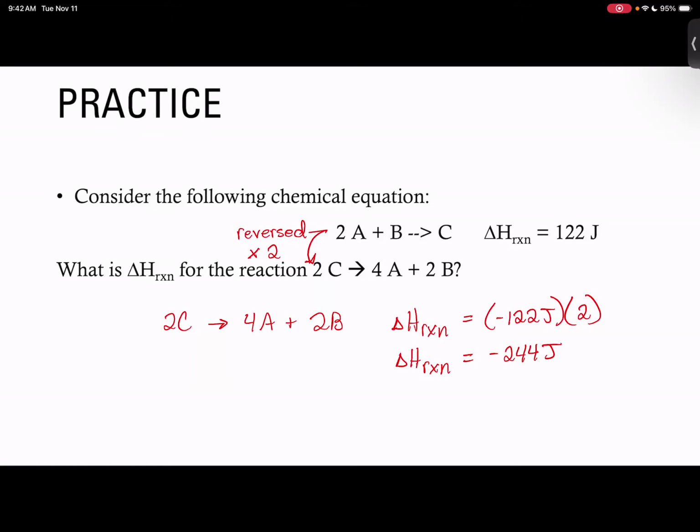These relationships: if you multiply the coefficients by some factor, you multiply the enthalpy by that same factor. And the second relationship, if you reverse the reaction, you change the sign. All of that is going into our third relationship, which is known as Hess's law.